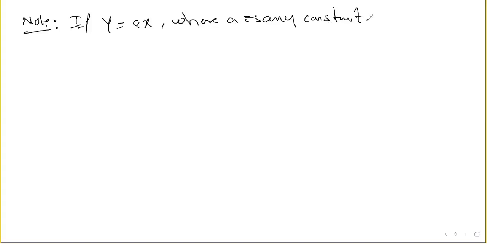Then standard deviation of y is equal to the modulus value of a times standard deviation of x. So sigma y is nothing but the standard deviation.